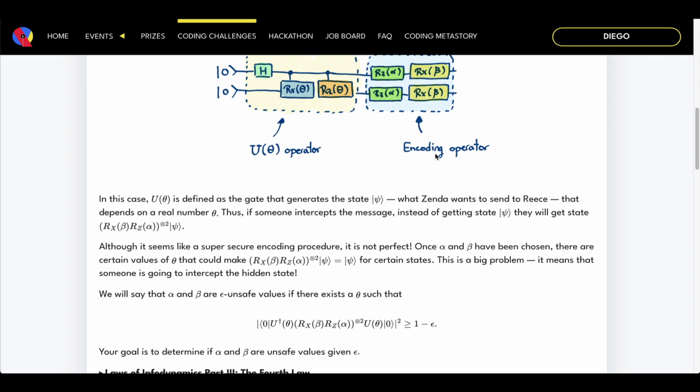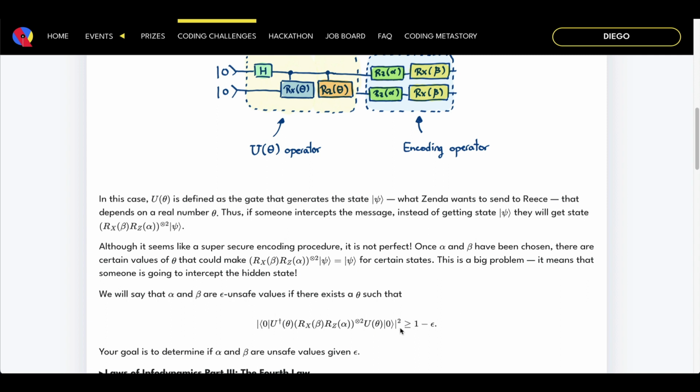Now, for this problem, we're told that we have the freedom to solve it however we want. So we could just compute this expression analytically and see if for a given value of alpha and beta, there are some values of theta for which this expression doesn't hold.